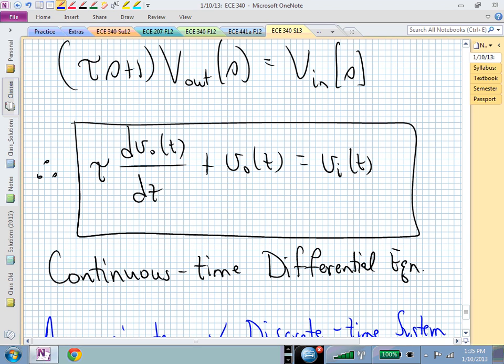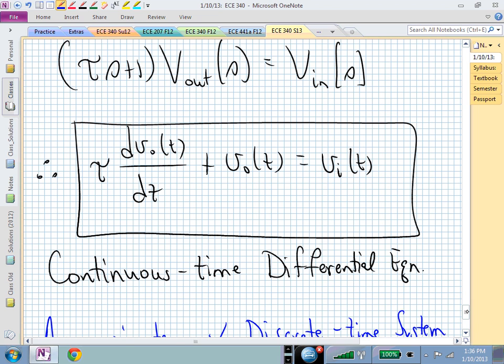Now, let's go back to our first semester calculus. How did you approximate a derivative? The change in the numerator divided by the change in the denominator. What's upstairs? That's the output voltage. Downstairs is time. This is just now delta voltage over delta time. That's all we're going to do. And that will be our discrete approximation.